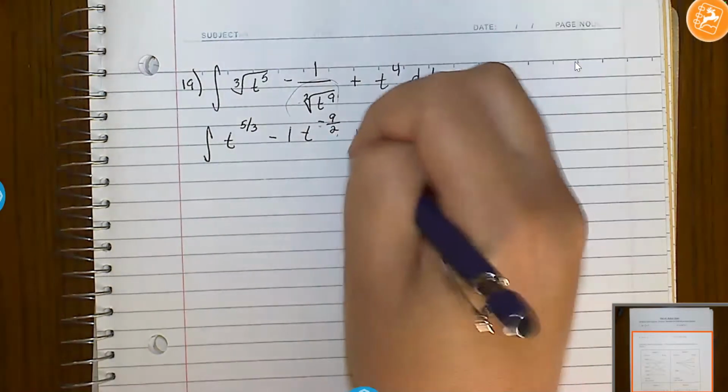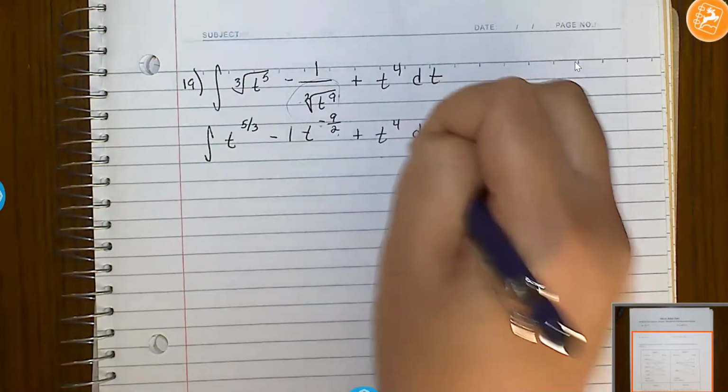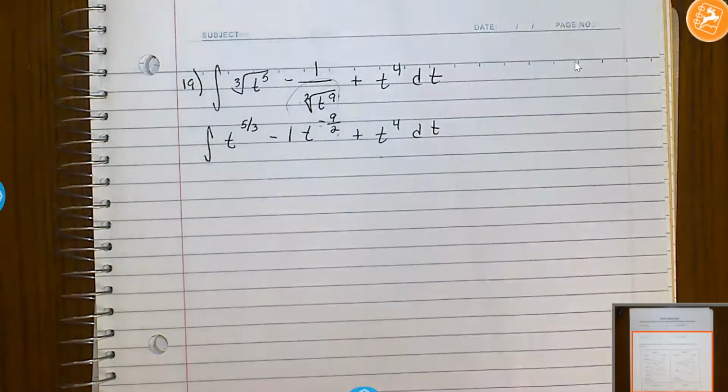So then plus t to the fourth dt. Now we're ready to take the integration.